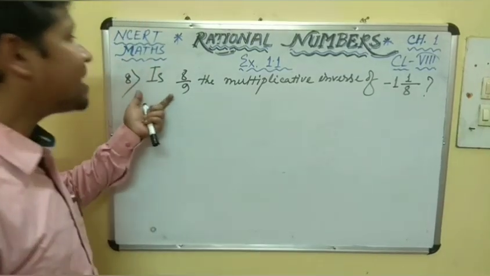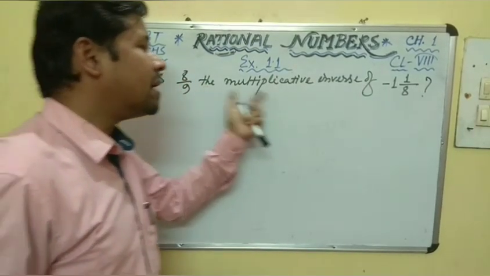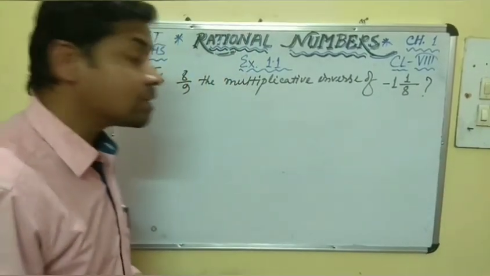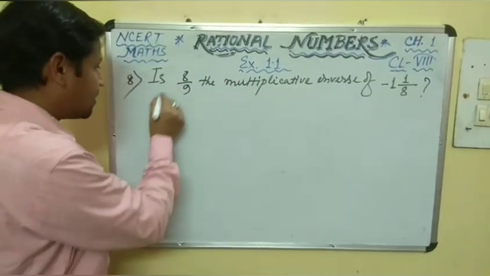Question number 8 asks: is 8 by 9 the multiplicative inverse of minus 1 complete 1 by 8? Let's see how the solution goes.